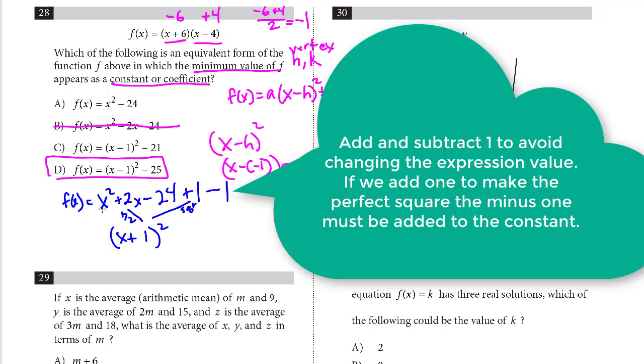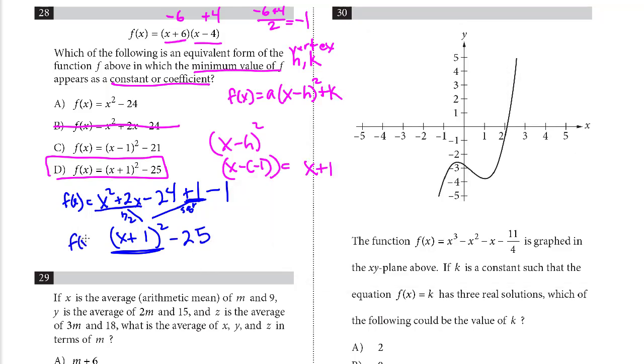So rearranging it, the x squared plus the 2x plus the 1 is the perfect square, that is (x + 1) squared. That leaves me minus 24 minus 1, which is minus 25. So again, f(x) in vertex form is (x + 1) squared minus 25, which again is answer choice D.